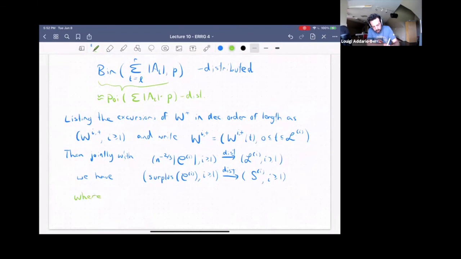Remember in the discrete case, this was this discrete area, and in the continuous case, we exactly get a continuous area. So S_i is Poisson distributed with parameter the integral from 0 to L_i of W_i plus t dt. So it's Poisson with mean the area under the excursion.